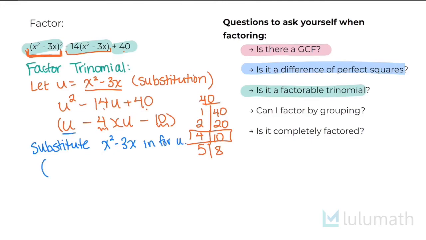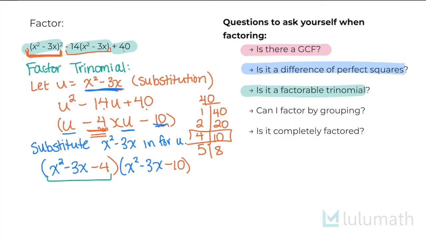So instead of this u right here, I'm going to replace it with this x squared minus 3x. But we still have this minus 4 right here. And then instead of this u here, I'm going to replace it again with this x squared minus 3x. But we still have this minus 10 right here.